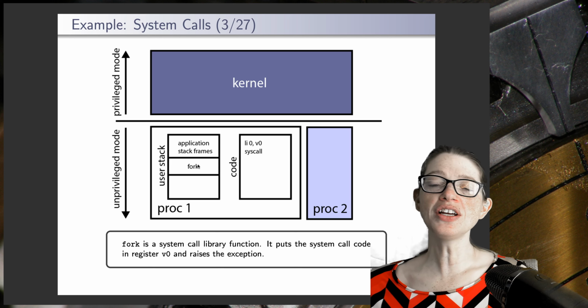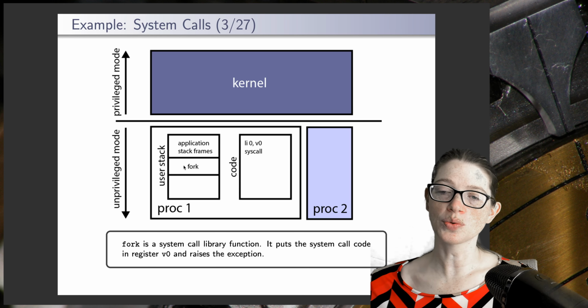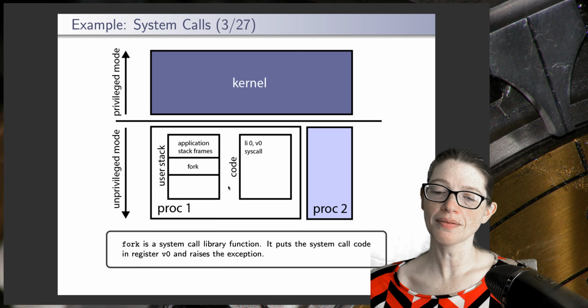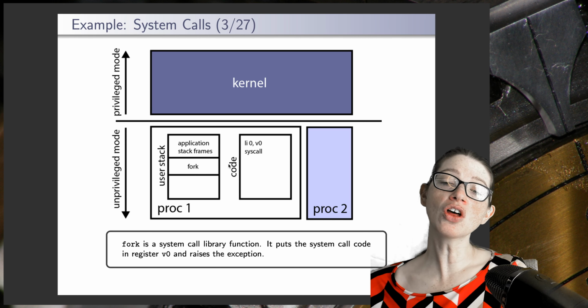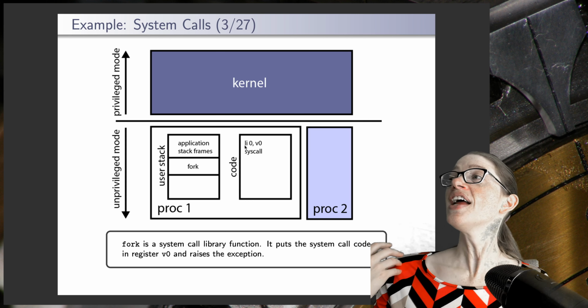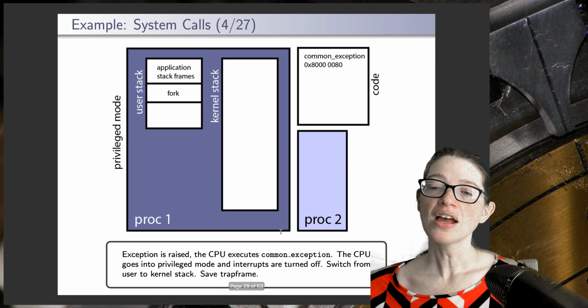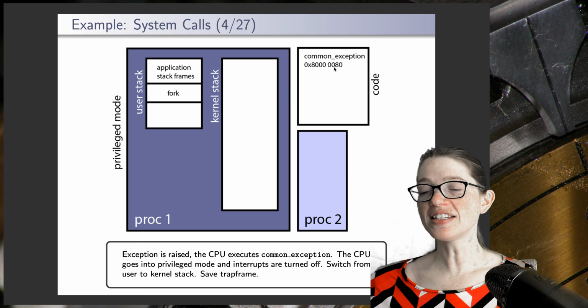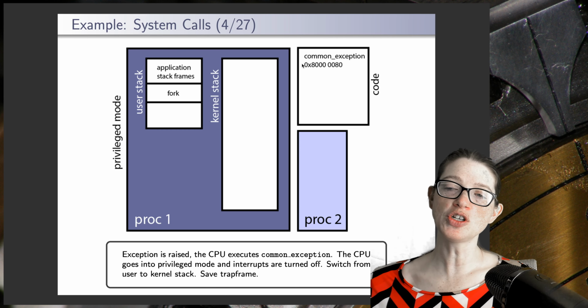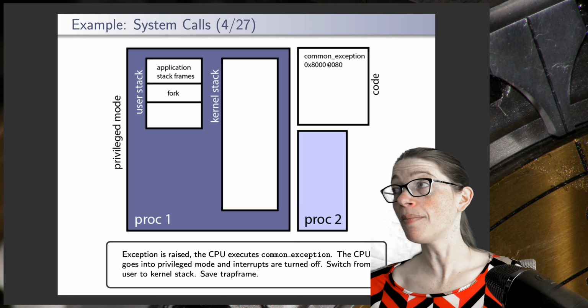So that's going to cause the system call library version of fork to run. So that goes onto the user stack. And then the code that fork is going to execute is it's going to load the system call code into register v0 and then raise the exception via syscall. When that exception gets raised, the CPU starts running common exception, which lives at this address here. We don't expect you to have that memorized, by the way.